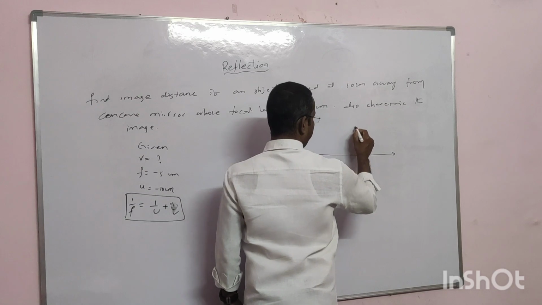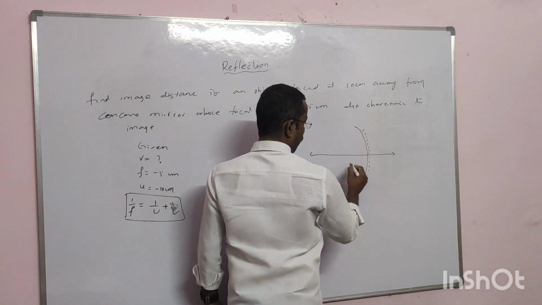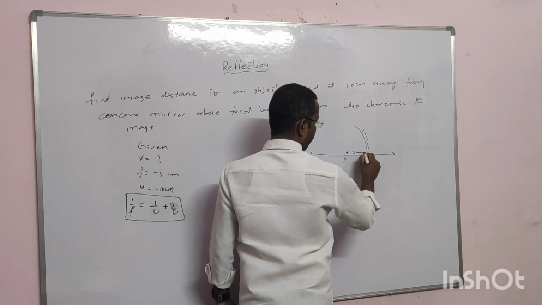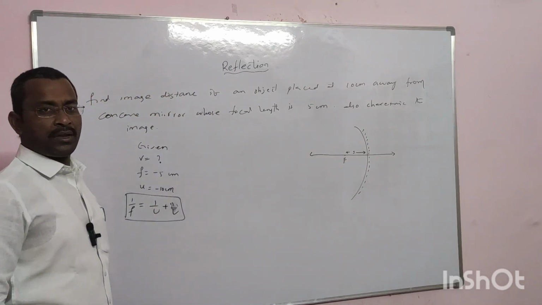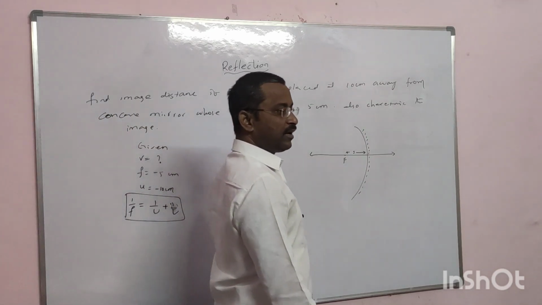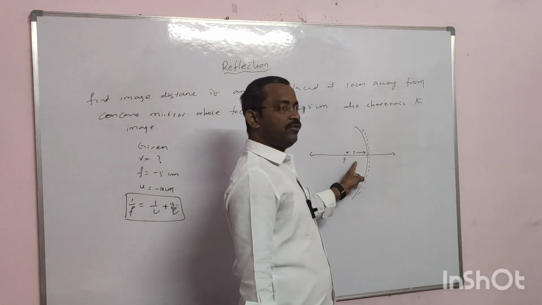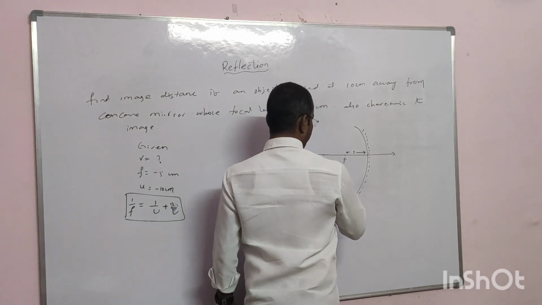This is your principal axis and he said concave mirror. Focal length, how much did he say? 5. So this value is going to be 5. Where is the object placed? The object is placed 10 centimeter away from the concave mirror. Double of the focal length gives you the center of curvature, so this is your center of curvature.